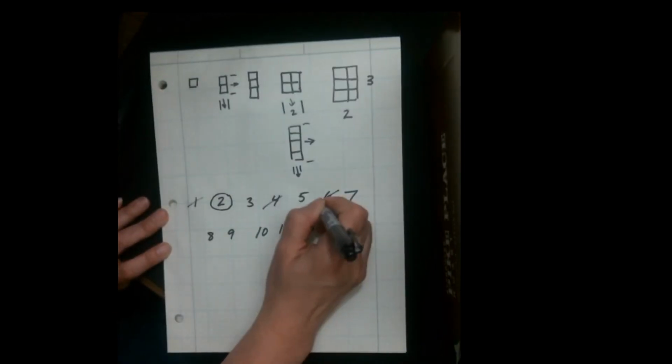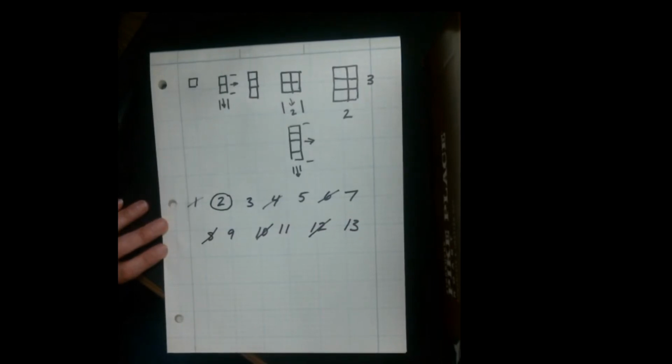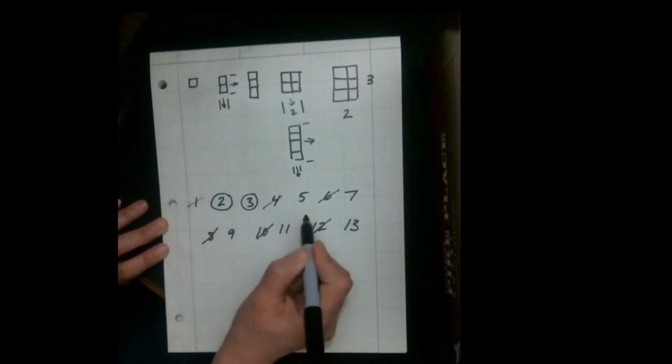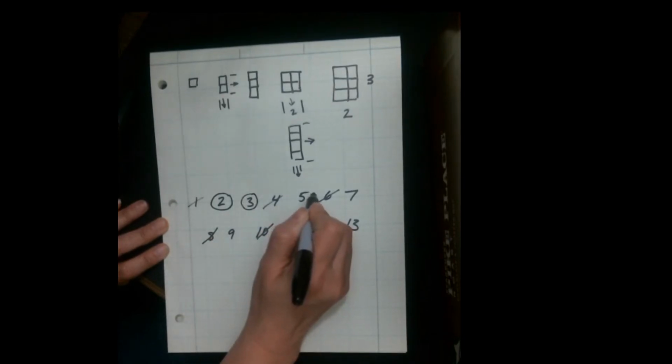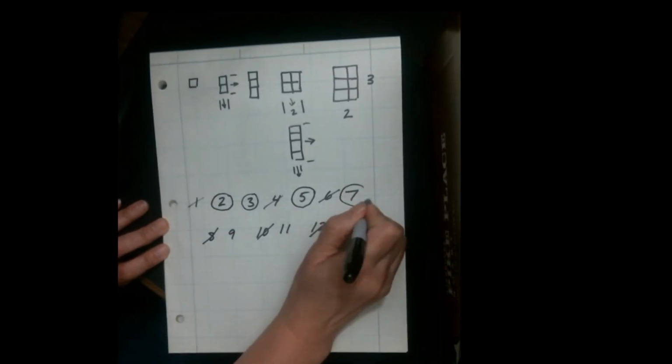So 4, 6, 8, 10, and 12 we can cross off because they are all even and can be divided evenly by 2. 3 is the next prime. 5 can't be divided by anything evenly except 1 and itself. Same with 7.